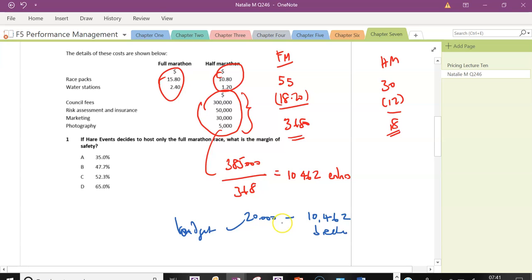So we can fall by 20,000 minus, we can fall by 9,538 entries, and we would just be breaking even. So we're okay, that's by how much we're okay. And this is always divided by how much it is we can fall by. So you do that and multiply this by 100%, and that should give you 47%.